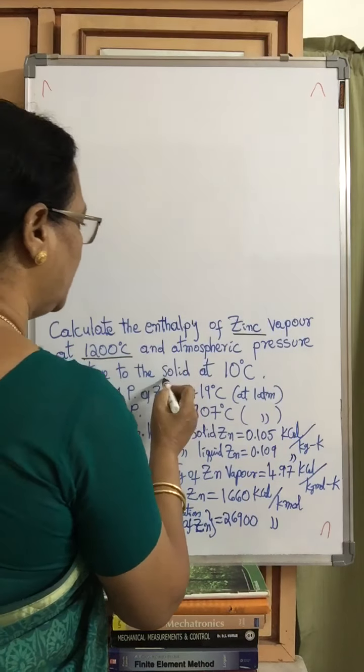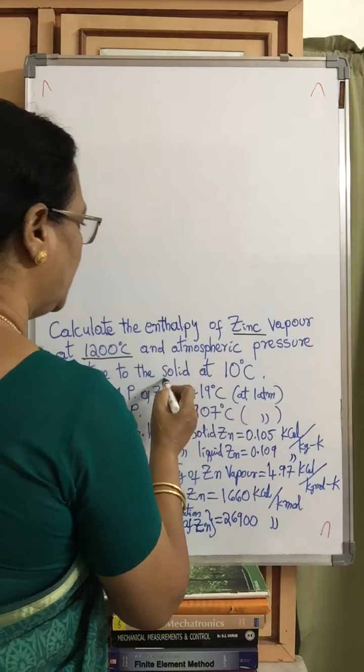Then supply heat. Then what happens? This solid turns to liquid, and then we continue to supply heat. Then liquid turns to vapor, and this is the final condition: vapor at 1200 degrees centigrade.